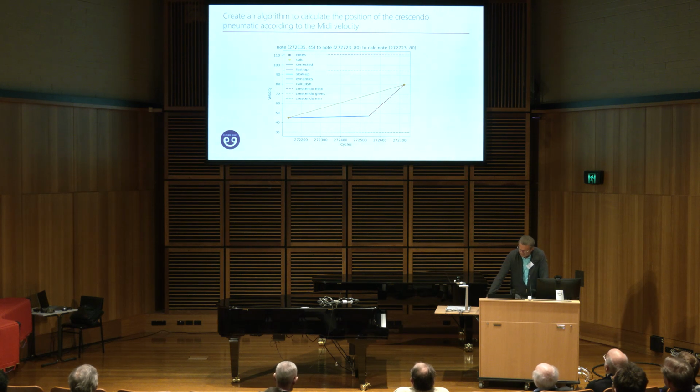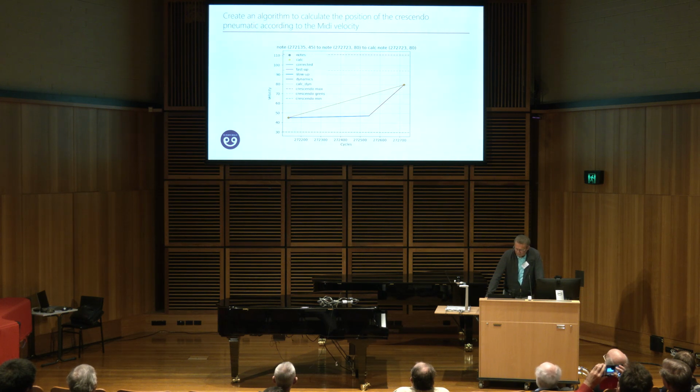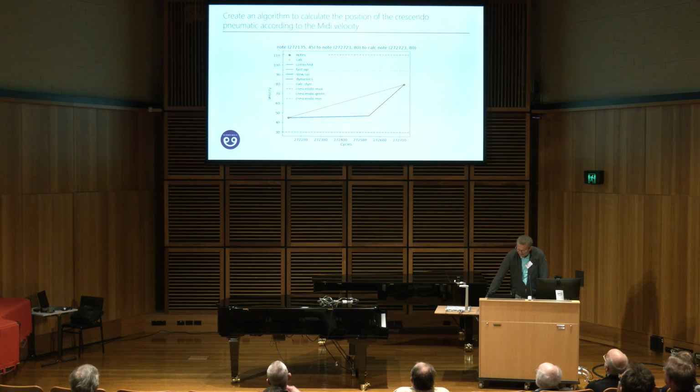For the next 3 slides, the same applies. The start of the graph is the velocity of a note or a calculated velocity, and the end of the graph is also a velocity or a calculated velocity. The lines are the movement of the pneumatics. This is a simple example of a dynamic change between two notes.